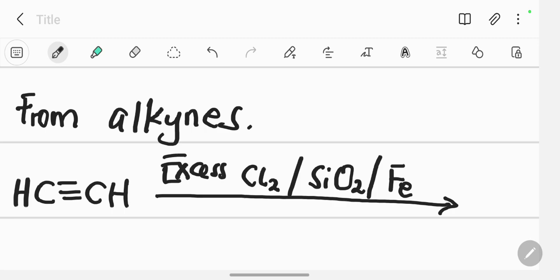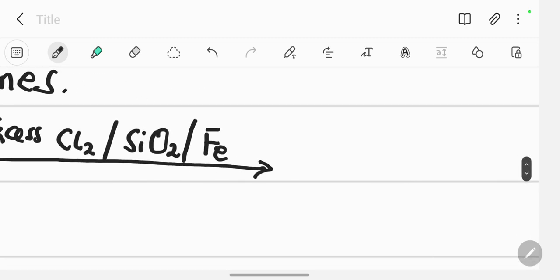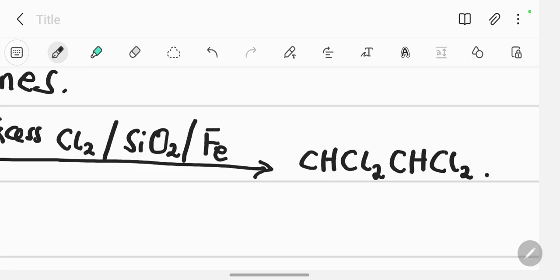What it does, it's going to add 2 chlorine molecules on the first carbon atom, and it will add the other 2 on the next carbon atom there. So it can also work for bromine.